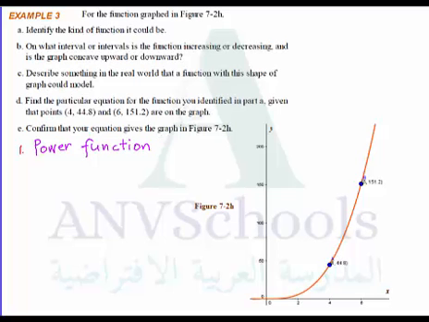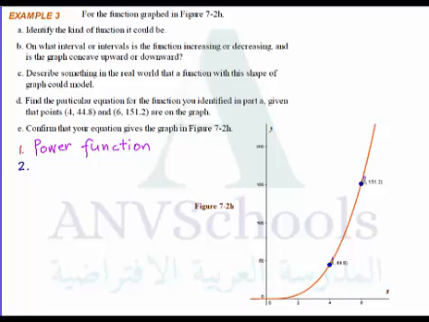Okay, letter B, on what interval or intervals is the function increasing or decreasing, and is the graph concave upward or downward? We can notice that this graph is increasing over its domain, and from the part shown, it is increasing from 0 going to infinity.